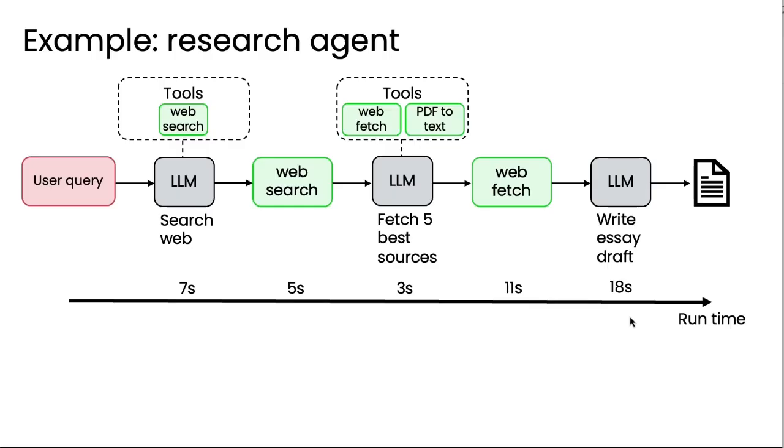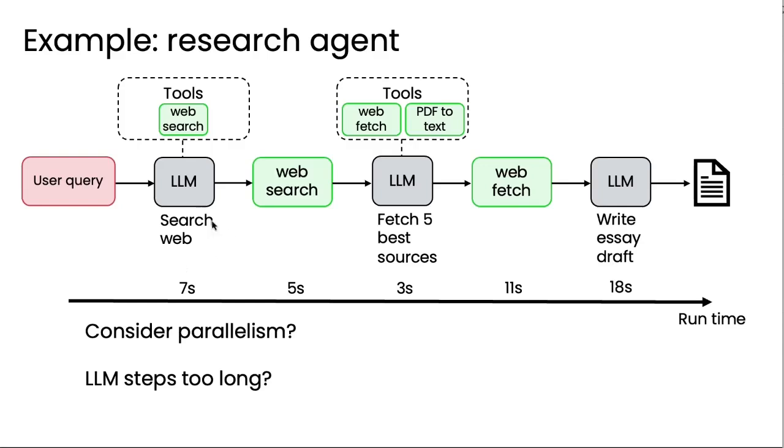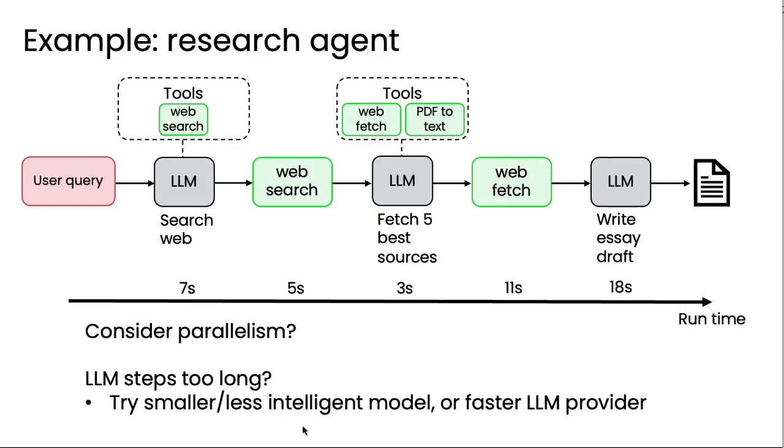In this example, there may be multiple things you could try. If you haven't already taken advantage of parallelism for some steps, like maybe web fetch, maybe it's worth considering doing some of these operations in parallel. Or if you find that some of the LLM steps are taking too long, so if this first step takes 7 seconds, this last LLM step takes 18 seconds, I might also consider trying a smaller, maybe slightly less intelligent model to see if it still works well enough for that, or if I can find a faster LLM provider.